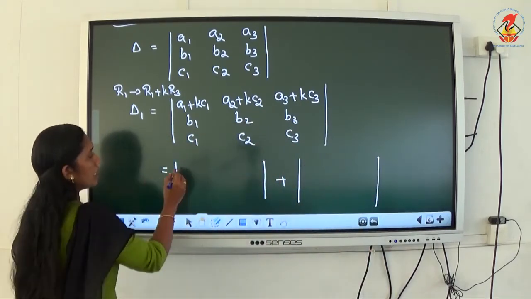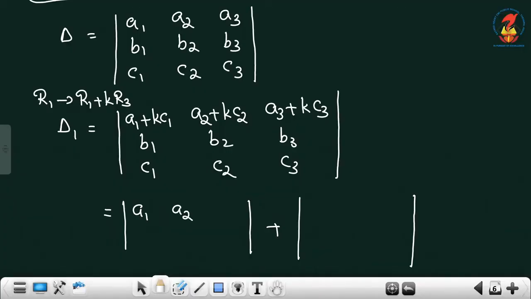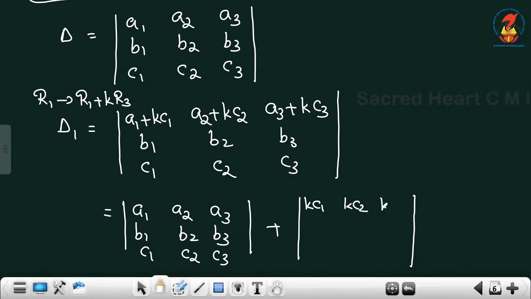Which are the two determinants? The first is A1, A2, A3, B1, B2, B3, C1, C2, C3. The second determinant is KC1, KC2, KC3, then B1, B2, B3, C1, C2, C3.